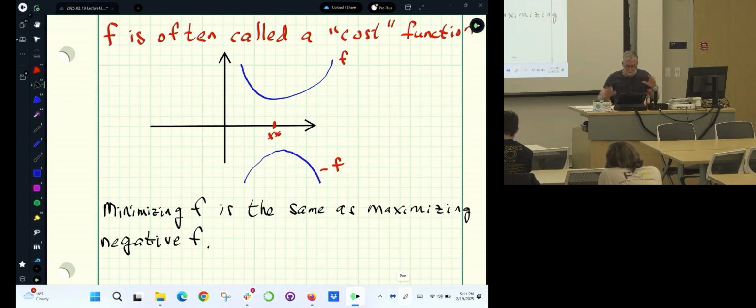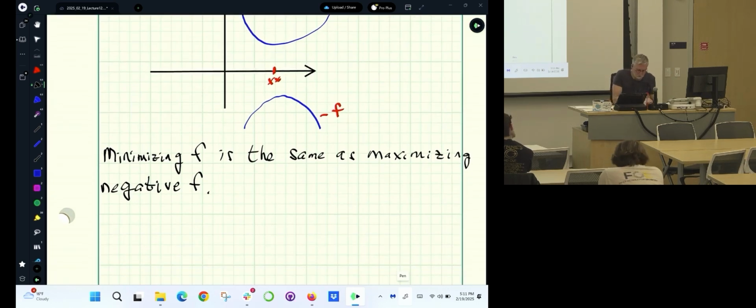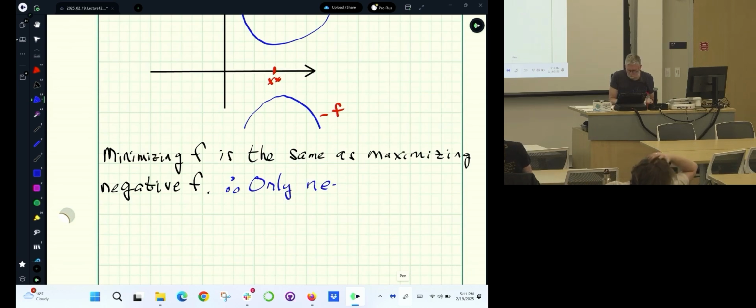Okay, so if those two problems are the same, we only need to solve one of them. Because if you have a solver that does maximization, you just give it minus your cost function, and then it will be the same thing as solving the minimum of that problem.